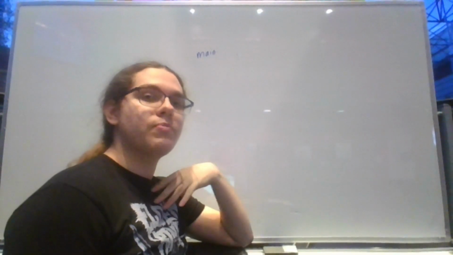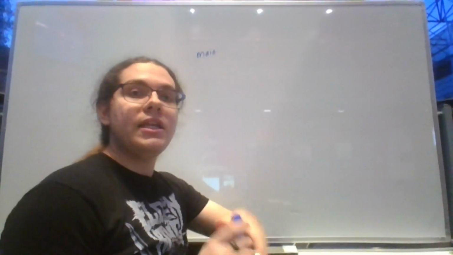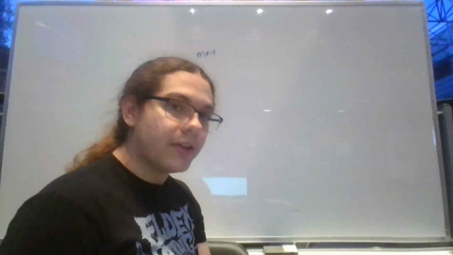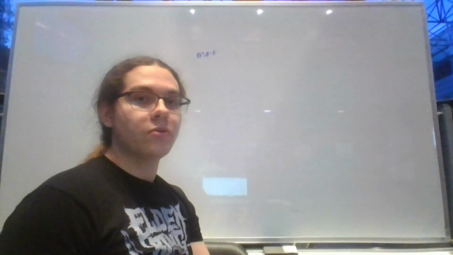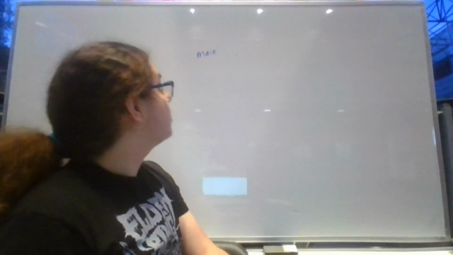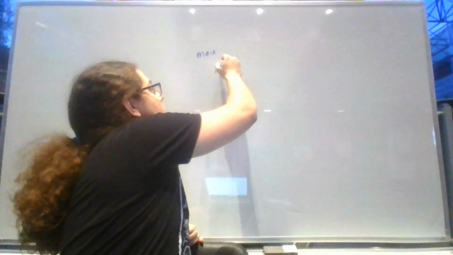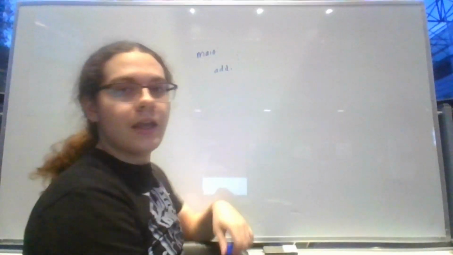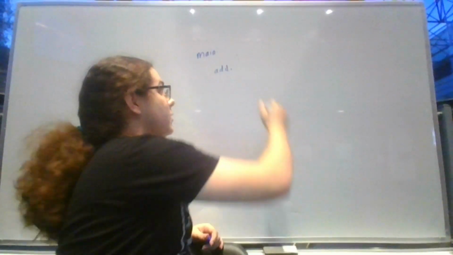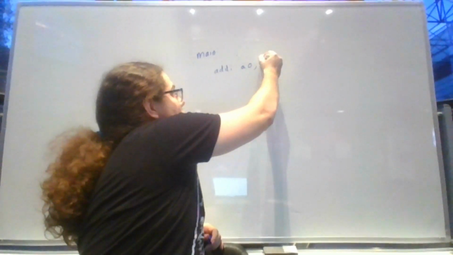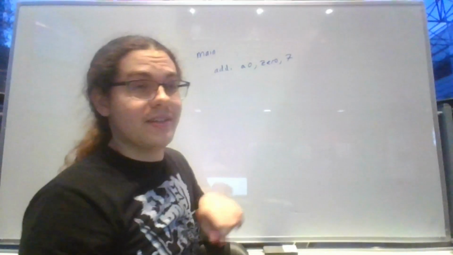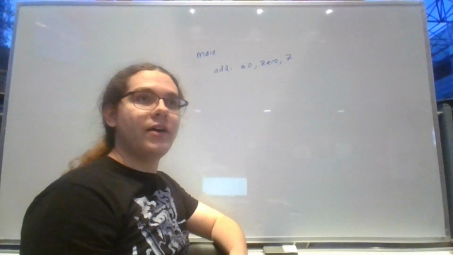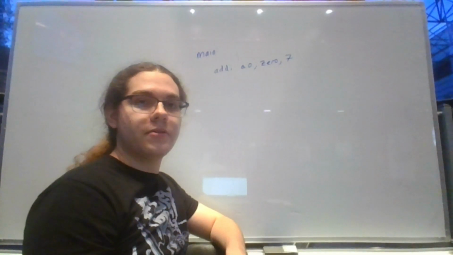So before we do the function call, we need to store a 7 in A0 and a 3 in A1, because those are the first and second arguments. So what we'd have to do is say add immediate, and for the first one, it's A0 we're using, and we want to store 7 in that register because that's the value we want to pass for the first argument.